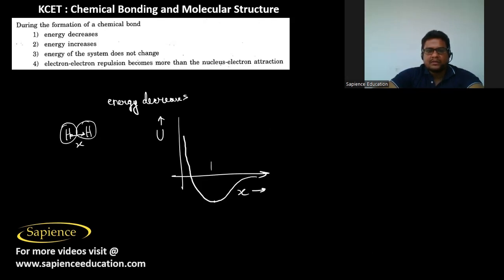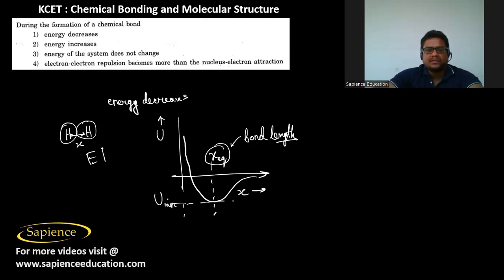When the minimum potential energy is formed, then we have the equilibrium internuclear separation, and this is called the bond length of the molecule. So when a chemical bond is formed, the energy will decrease. So option 2 is the correct answer.